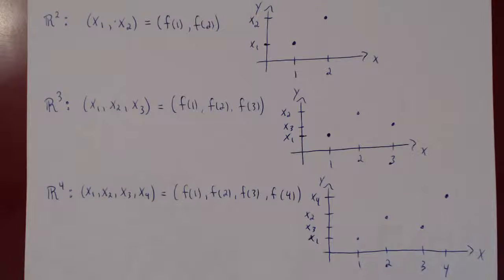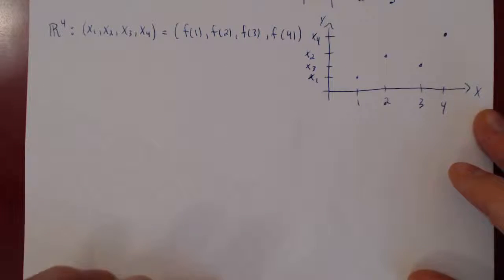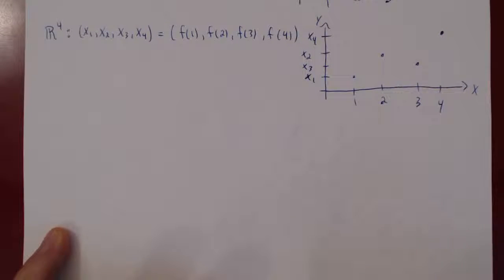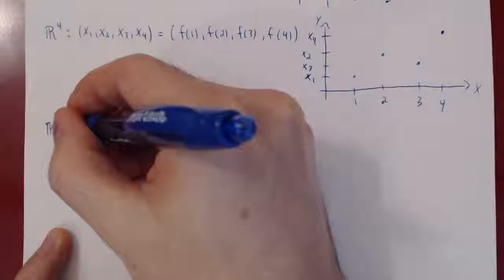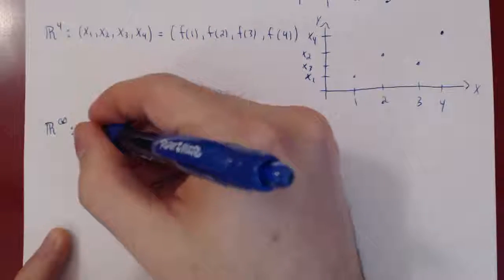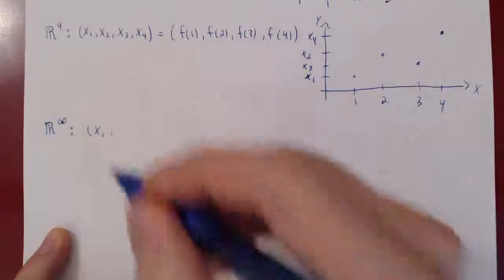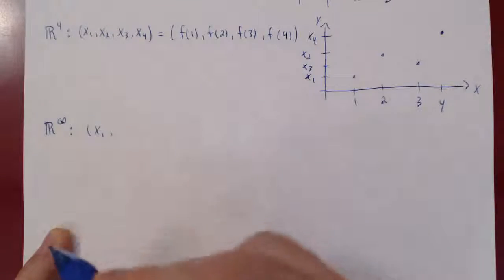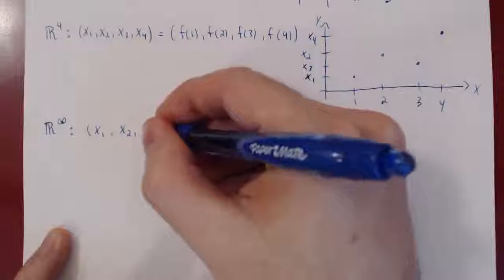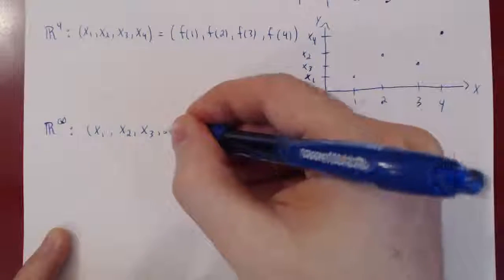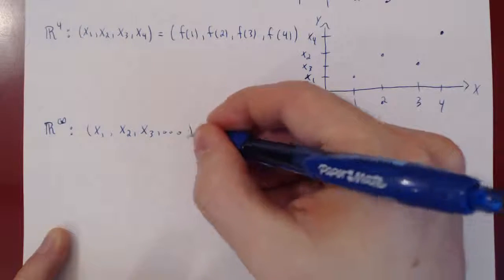We can look at R5, R6, R7, up to R infinity. Let's consider now vectors with an infinite number of components. And this is where things get a bit more interesting. So R infinity is the set of all real vectors with real coefficients, but now we have an infinite number of coefficients, x1, x2, x3, up to infinity.